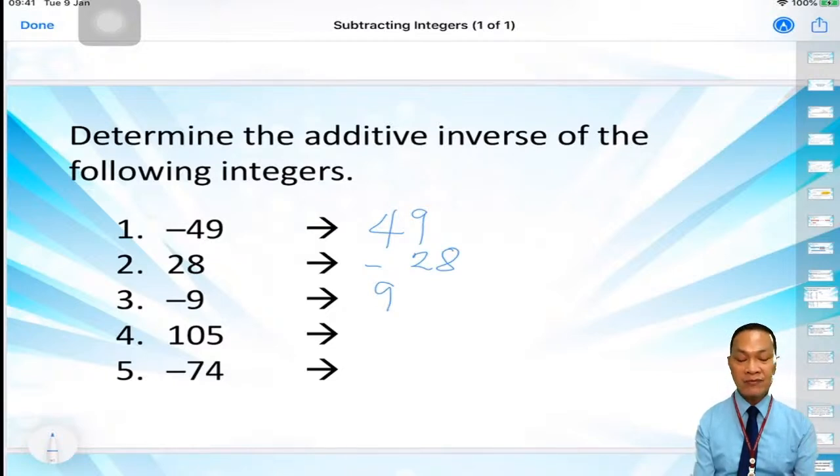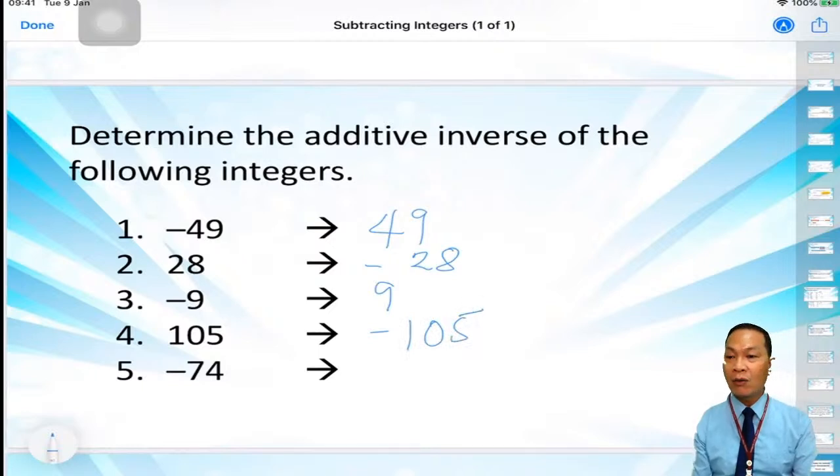How about number 4, positive 105? What is the additive inverse of 105? It is negative 105. Okay, wow. Excellent. Your answers are all correct. And number 5, negative 74.